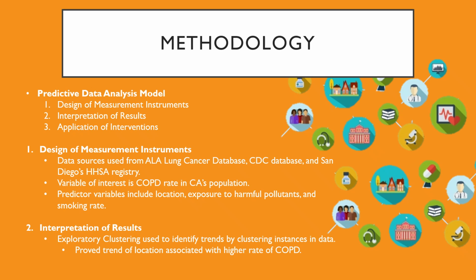The second step, interpretation of results, will utilize exploratory clustering for the purpose of identifying data trends by clustering instances. This methodology proved the trend of location is associated with higher rates of COPD.